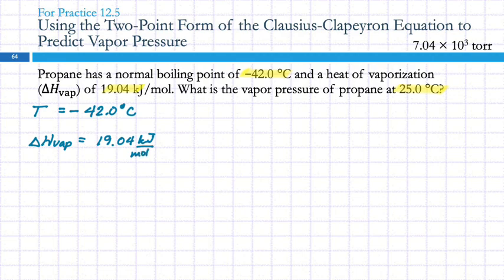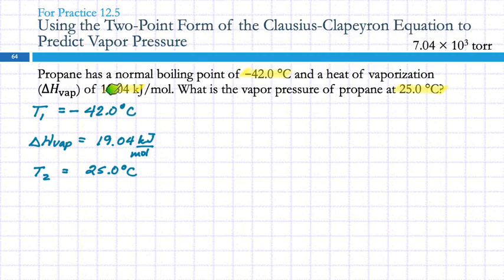And we have another temperature that is 25 degrees Celsius. So, kind of natural, we'll call the first temperature 1, and we'll call the second one temperature 2. Doesn't matter. There's nothing about pressure in here, except they're asking us for vapor pressure.